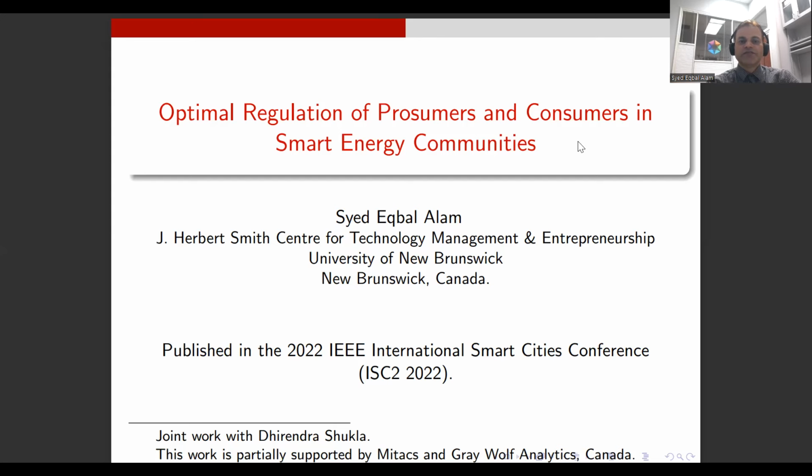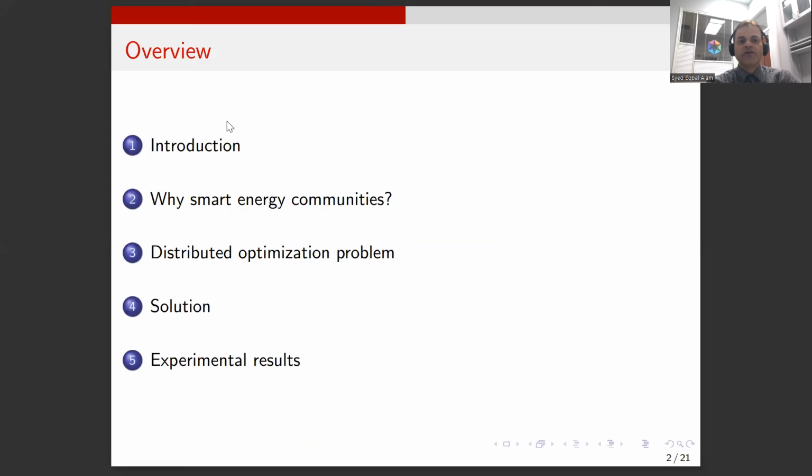In this presentation, we'll introduce the problem, then we'll see why we use smart energy communities and how they will help us in making a community self-sustainable. And then we'll go through the problem formulation and we'll see the regulation problem formulated as a distributed constraint optimization problem.